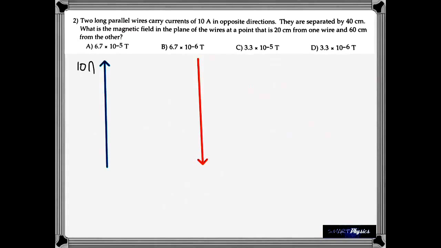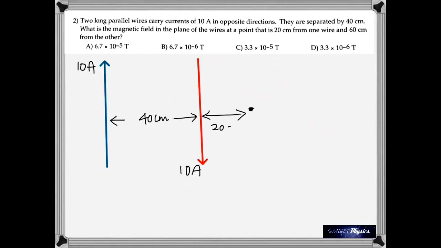And we'll call this, the current is 10 ampere there, and 10 ampere in the other. So this is the point that would be 20 centimeters from the red one and 60 centimeters from the blue one.